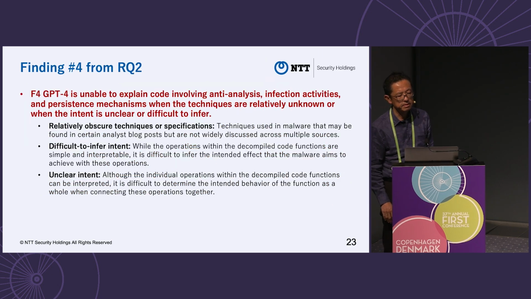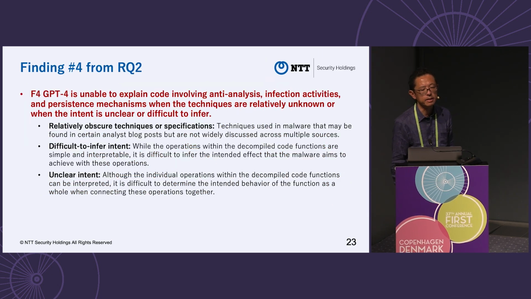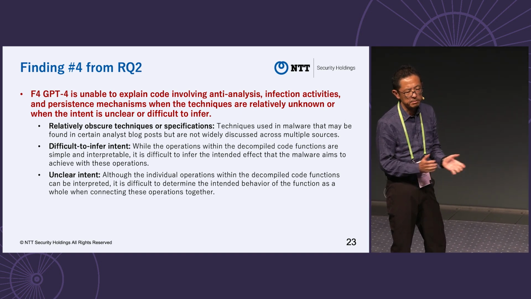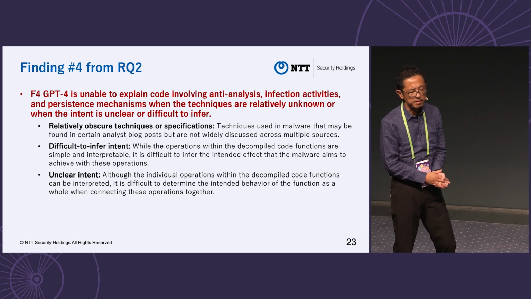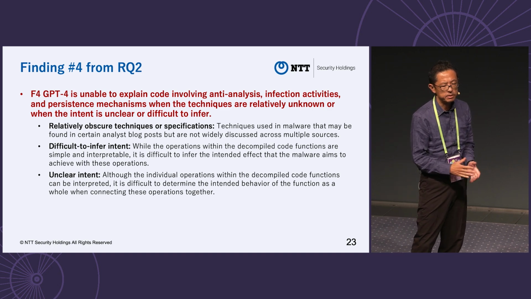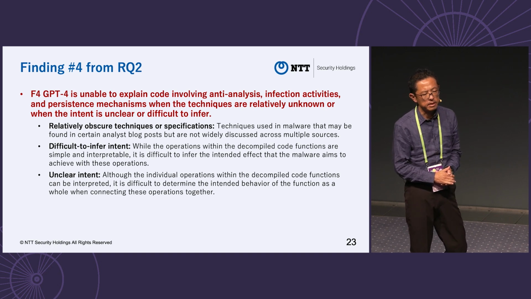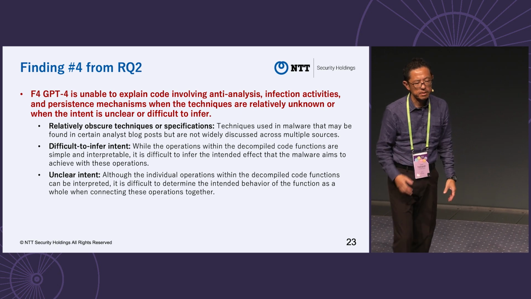Okay, let's talk about the finding. Finding 4: GPT-4 is sometimes unable to explain code involving anti-analysis, infection activities, and persistent mechanisms when the technique is relatively unknown or when the intent is unclear or difficult to infer.